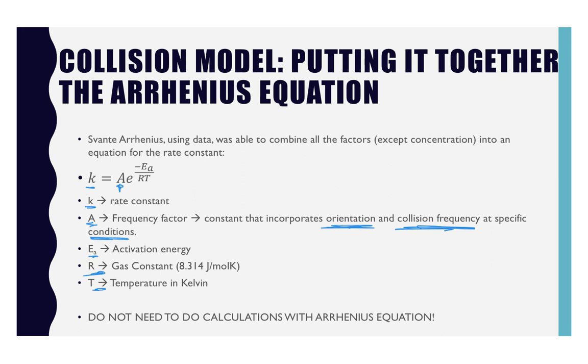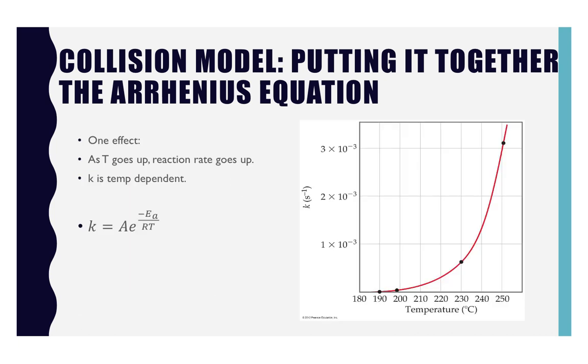For the purposes of AP, we do not actually need to do calculations with the Arrhenius equation, but we do need to understand what the effect of manipulating different parts of this equation is on K. So for example, one effect: as temperature goes up, reaction rate goes up. Why does that happen?